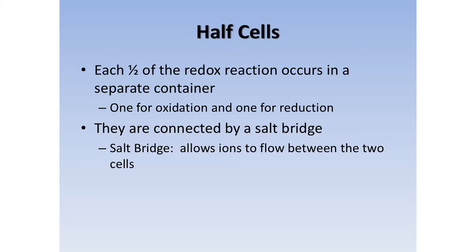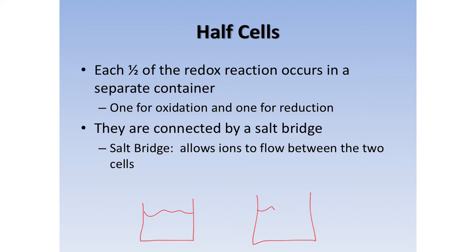Okay, so if we look back at that picture, we had two beakers. Each one of the beakers is a half cell. It is half of the cell, and you have a half reaction occurring in each beaker. So each beaker has some solution in it.